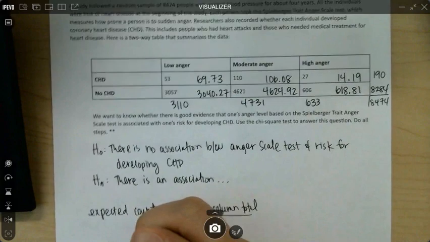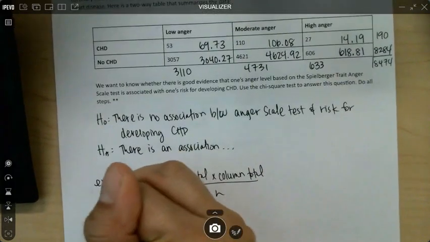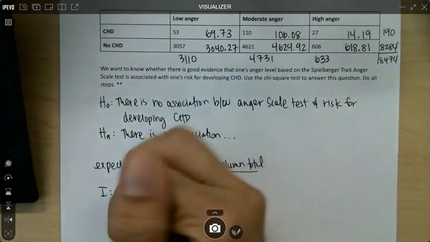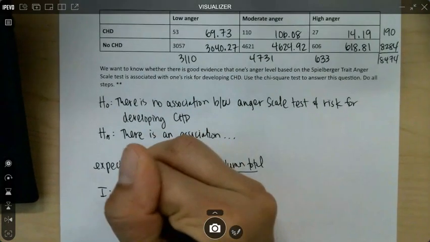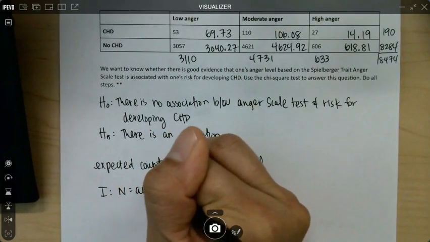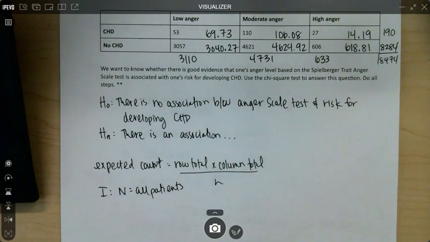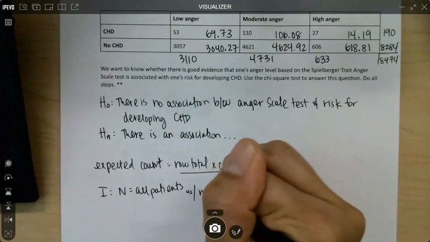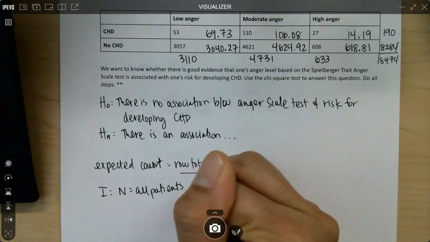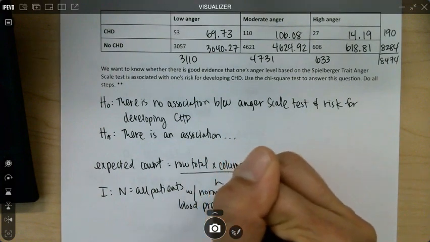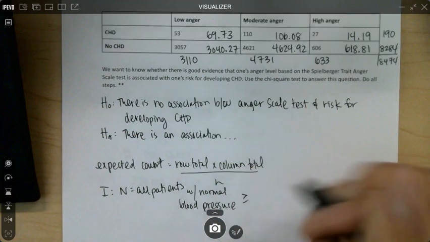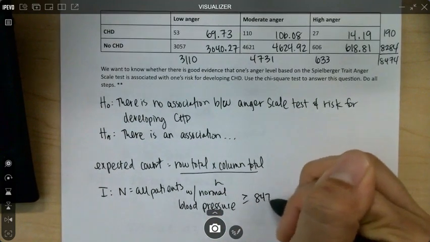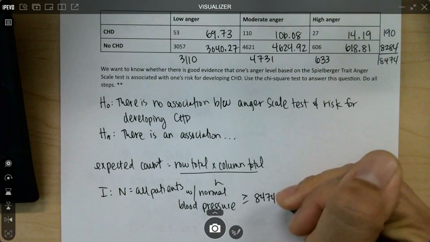Okay, so now we can check our conditions. So for our conditions, we still have the independent condition. So big N would be all patients. Well, actually, it's all patients, I guess, with normal blood pressure. Is bigger than or equal to 8474 times 10, or 10 times that, I guess.